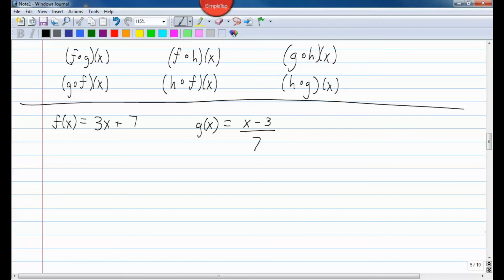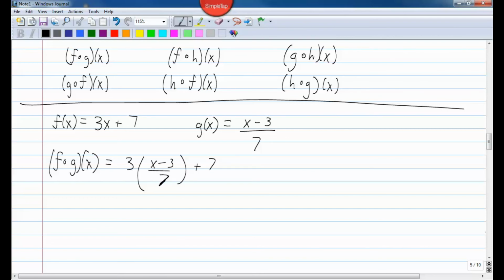But if I was to find f of g of x, let's see what that would actually equal. So you take g and you plug it into f. So I'm going to take this right here, and I'm going to plug it in right here. Well, look what happens when I plug it in. I have 3 times x minus 3 over 7, and then plus 7.